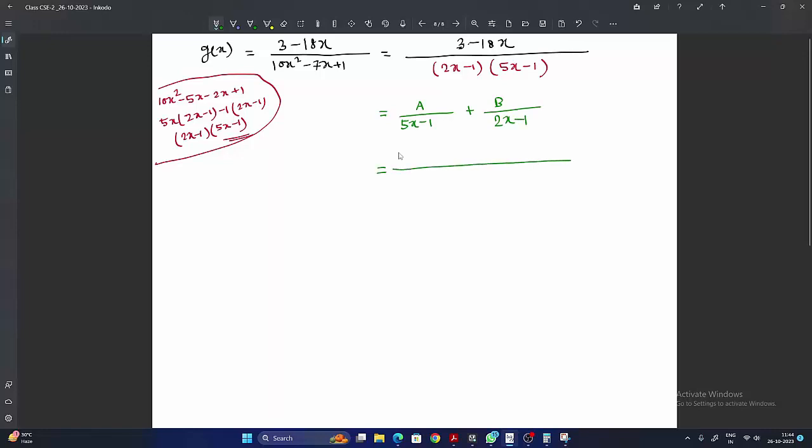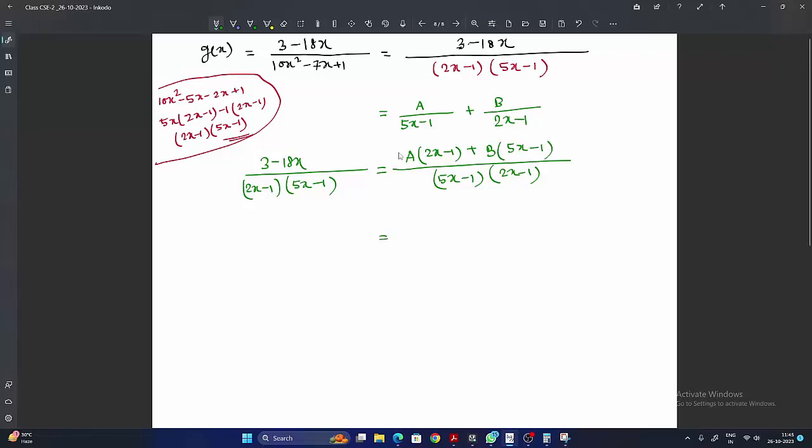So the term is (3 minus 18x) over (2x minus 1)(5x minus 1), which is now a by that term and b by that term. So again you take the LCM, (5x minus 1)(2x minus 1). So it will be a into (2x minus 1) plus b into (5x minus 1).